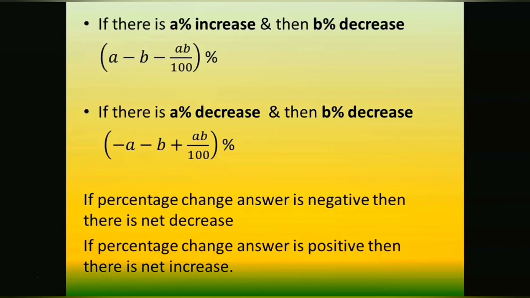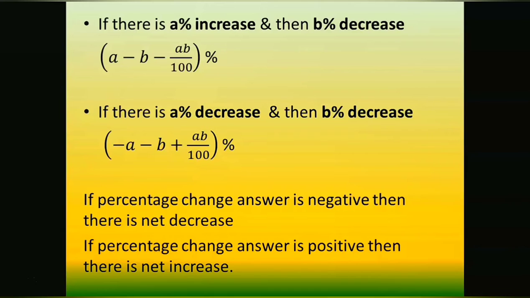That means it is increased or decreased. Like for example here, if there is A% increase and then B% decrease, then accordingly the formula will change and become A minus B minus A into B divided by 100, this much percentage.